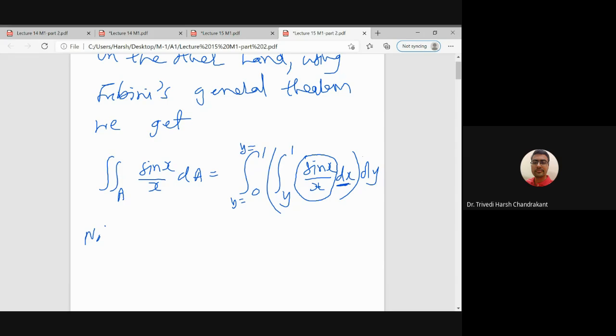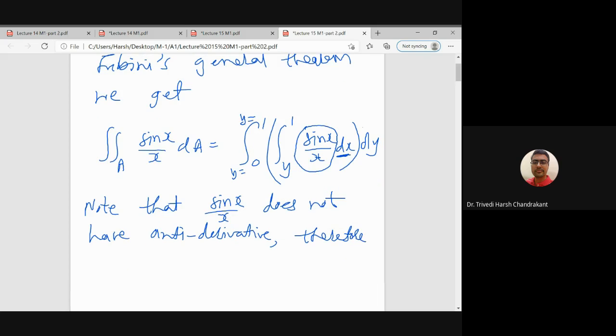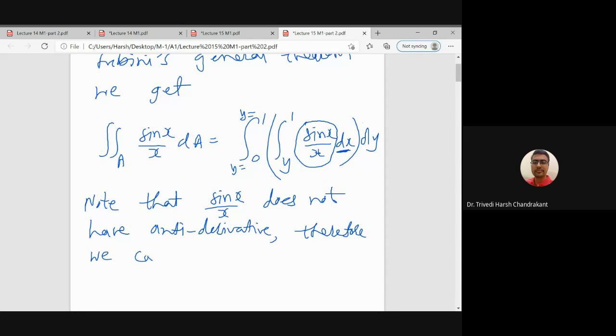So note that sin x by x does not have an antiderivative. Therefore, we can't evaluate this integral.